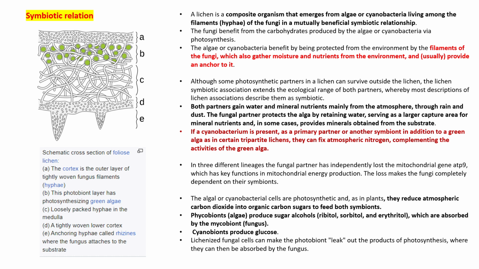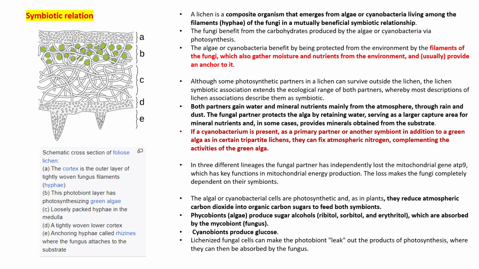So the major function of the fungi is to provide moisture, nutrients, and an anchor, whereas the main function of the algae and cyanobacteria is photosynthesis, which provides carbohydrates to the fungus.